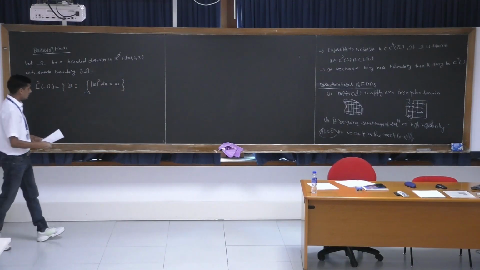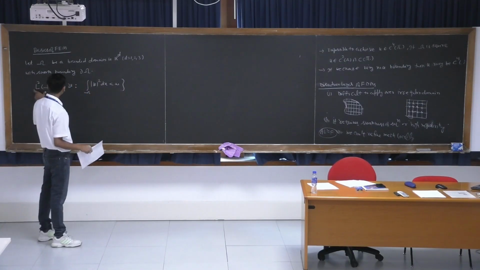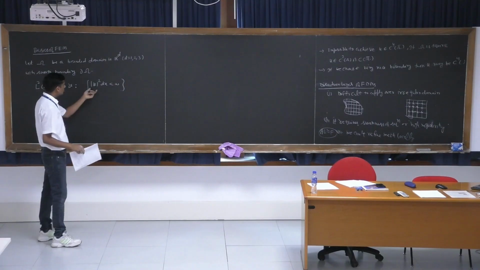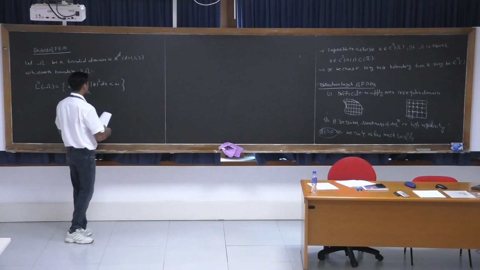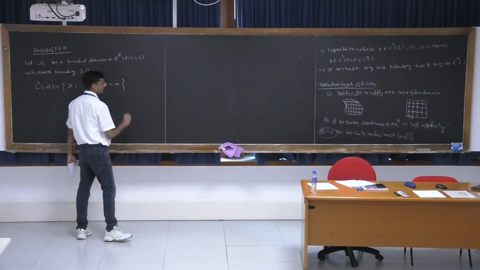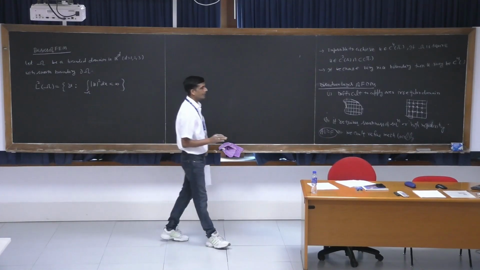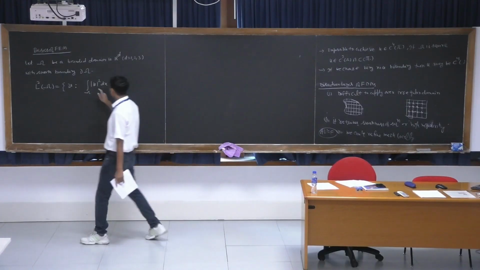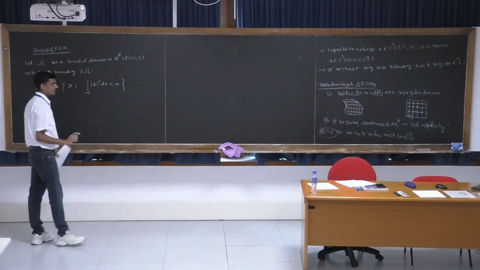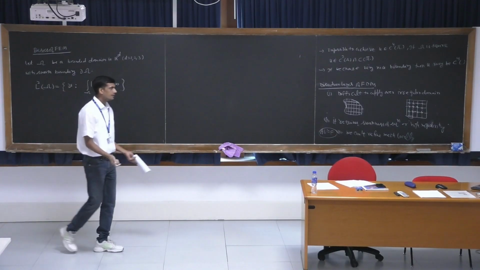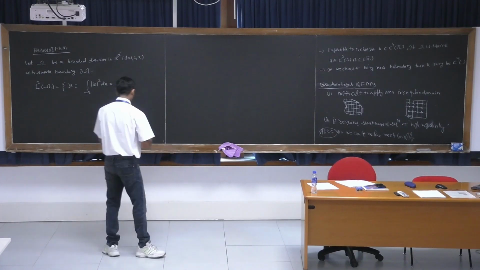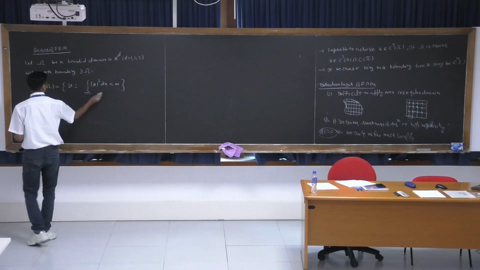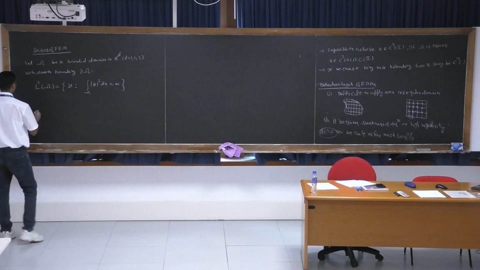Means that it contains all the functions whose square integration is finite. Or you can say these are square integrable functions, because the integral of the square of these functions exists and is finite. Exist means the integration should be bounded.